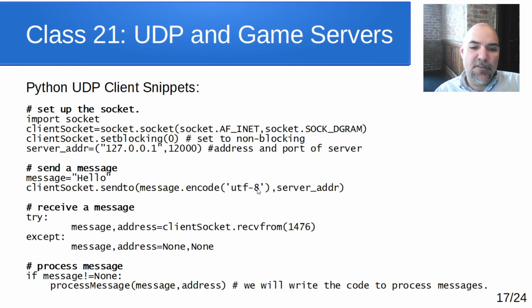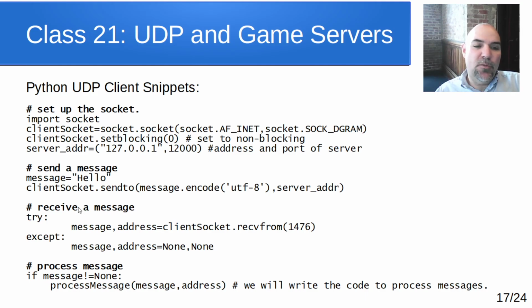But in this case, UTF-8 is how we'll encode that with 8-bit bytes. In other words, we're sending this message of 8-bit bytes that says hello to this server address that we set up there. Notice we did not have to connect. We did not have to wait for a connection. We just basically said, hey, here's the address of the server. Write it on the envelope, throw it in the mail.